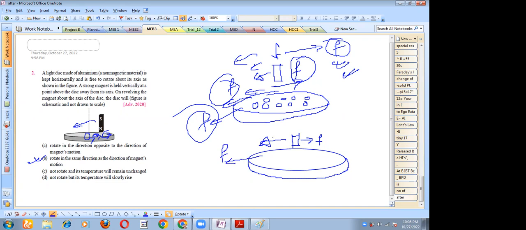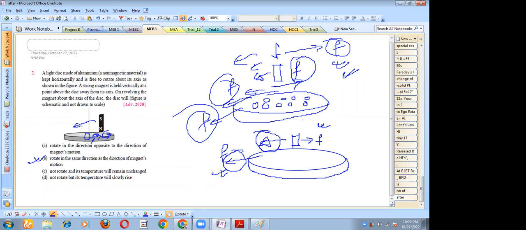If the frictional force on the magnet is in the right direction, then the frictional force on the disc should be in the left direction. Now you can see the direction of the frictional force on the disc and the direction of motion of the magnet are in the same direction.